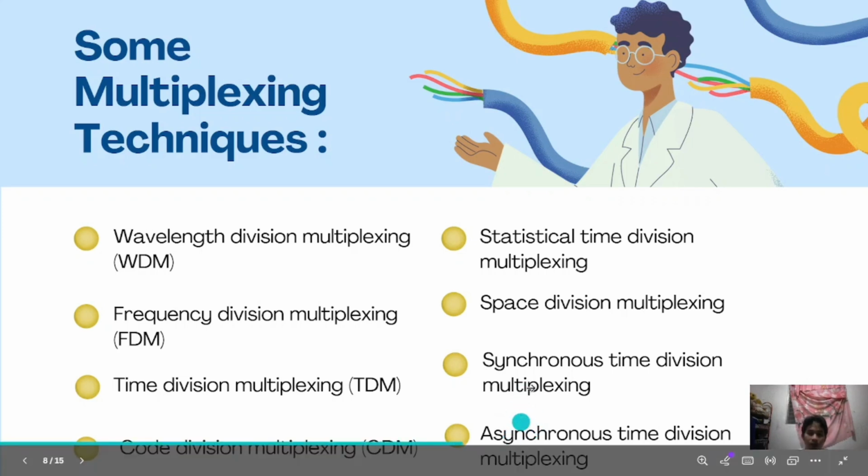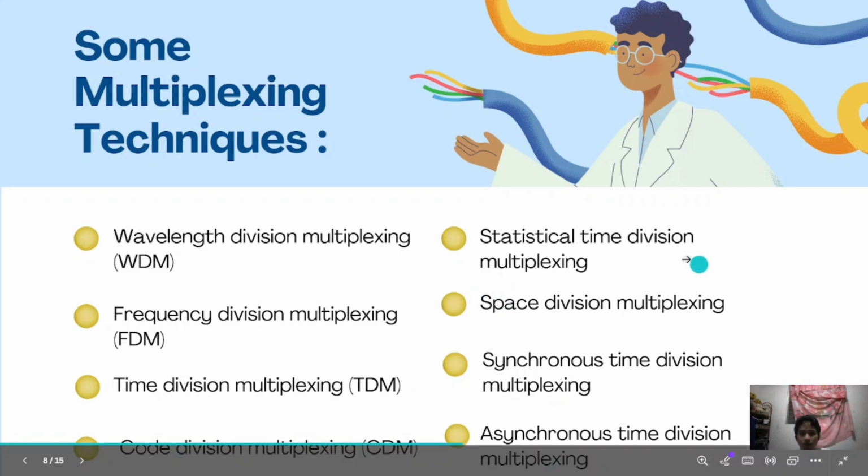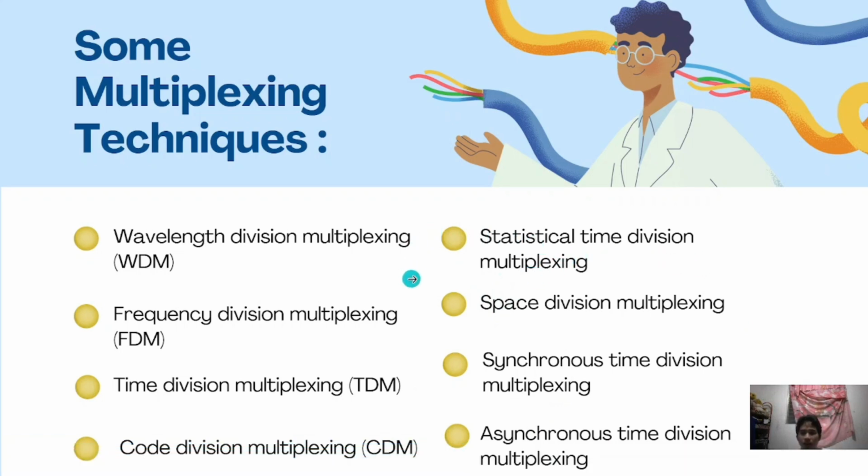So the difference between these two is that synchronous assigns slots whether or not the device transmits data, while asynchronous is when the device is ready to transmit data. And these are the types and techniques of multiplexing. These are the multiplexing techniques.